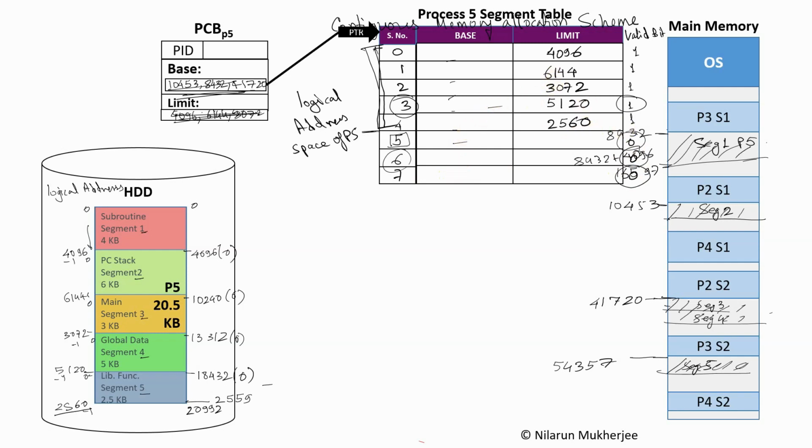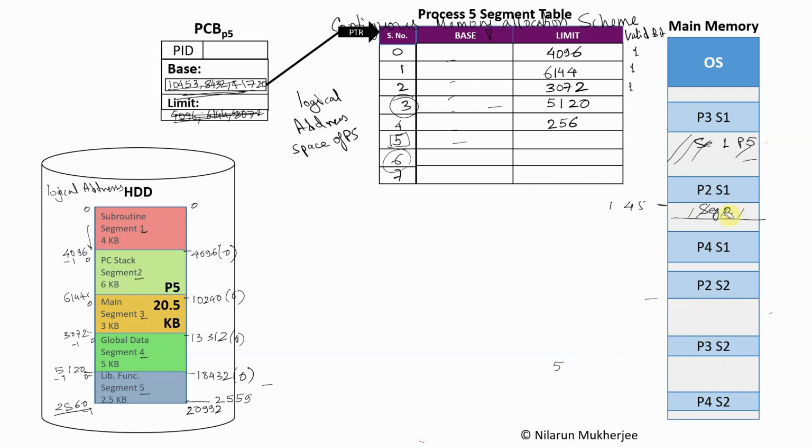So now, when the processes are loaded, suppose segment 2 is loaded here.